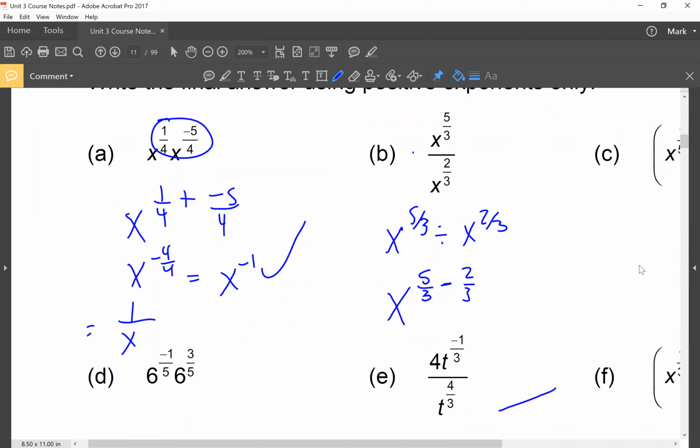So when I subtract 5/3 minus 2/3, what I end up getting is x to the power of 3/3, or just x to the power of 1.